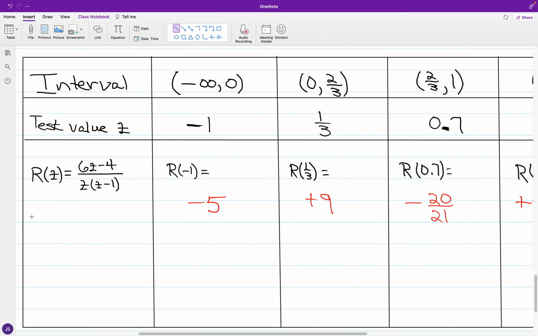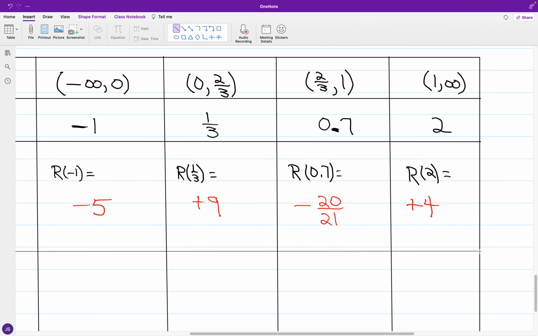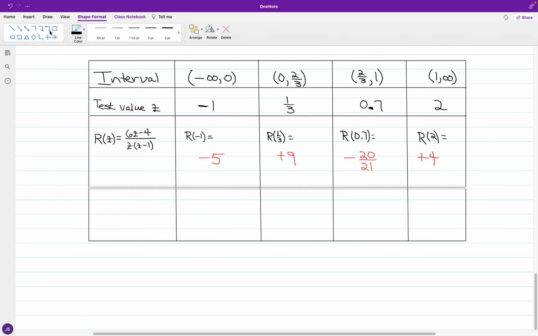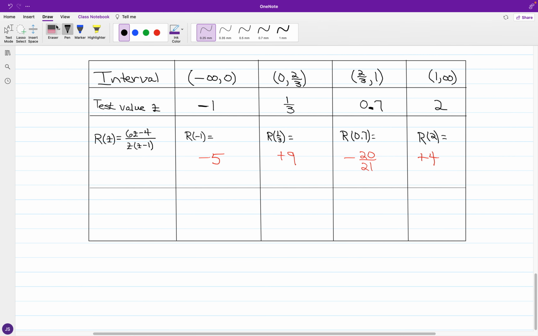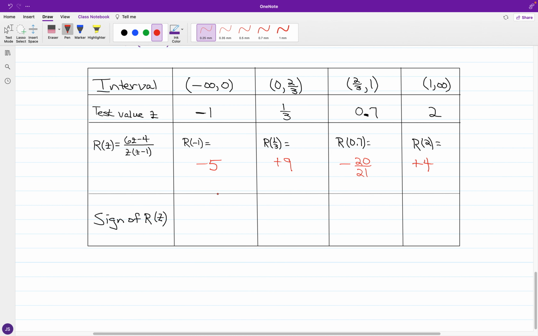Again, the importance is not so much the exact value of the output as it is the sign. You want to have at least the sign correct. So for the sign of r of z, for the first, any value selected that is less than 0, the output is negative, so we have r of z is less than 0.